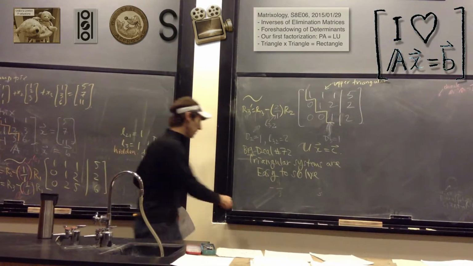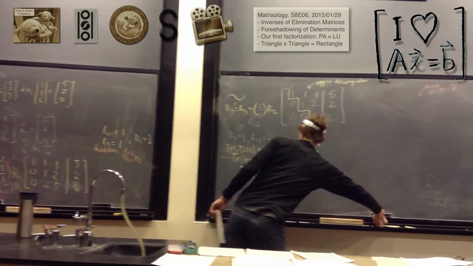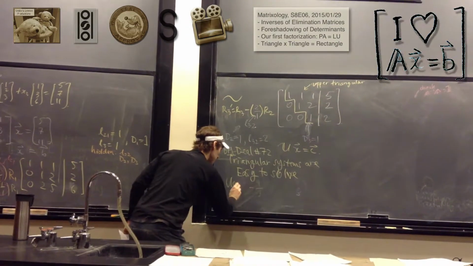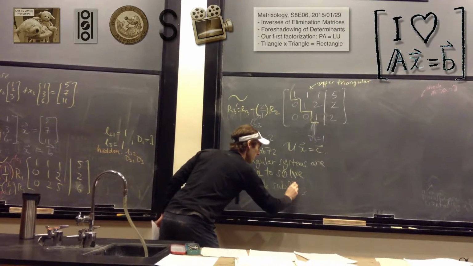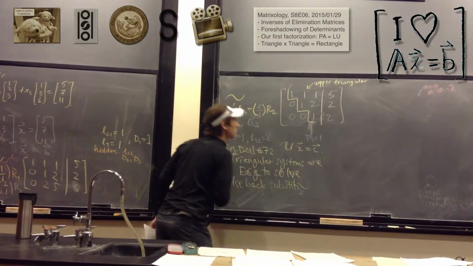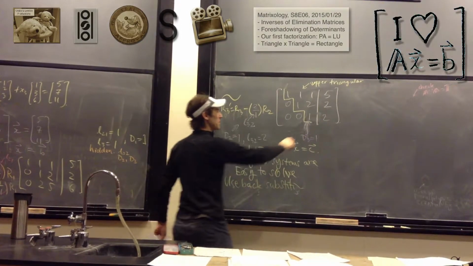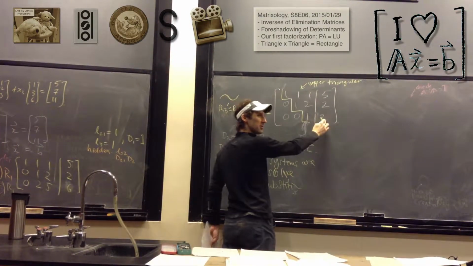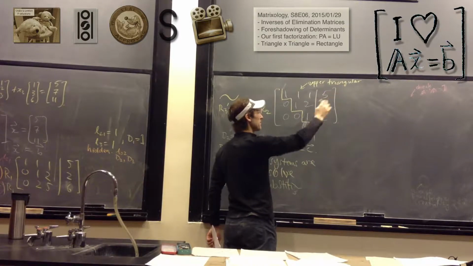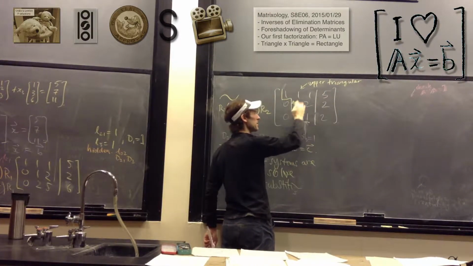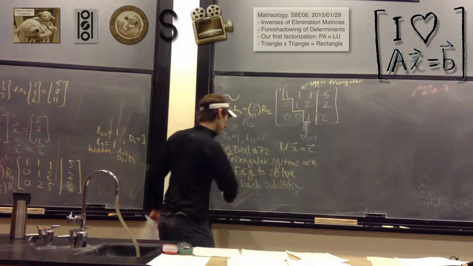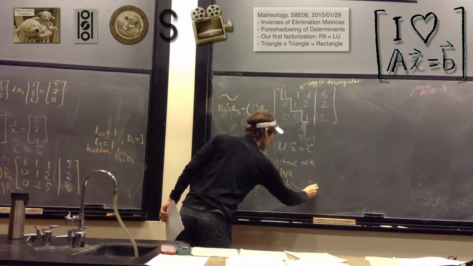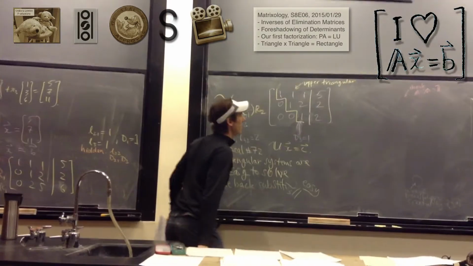Once we've got it, we use back substitution. Because this last equation is just x3 equals 2. Read it off. Then you substitute it into here, and you get x2. And then you substitute both those guys in here, and you get it. Yep, good. We use back substitution. Easy.